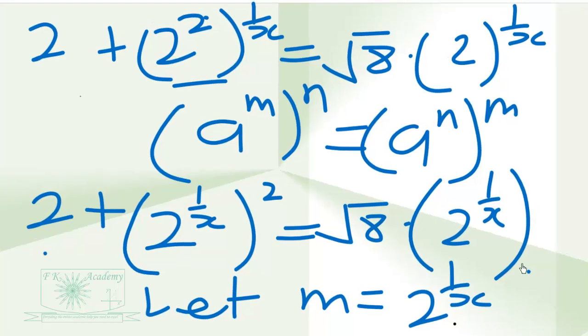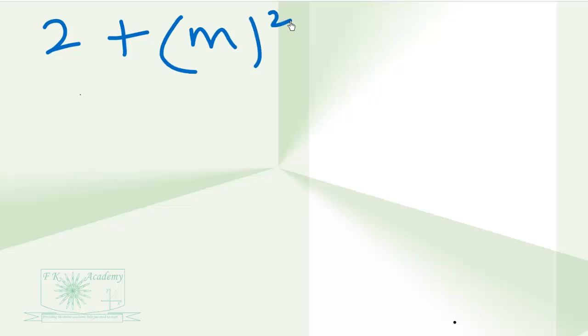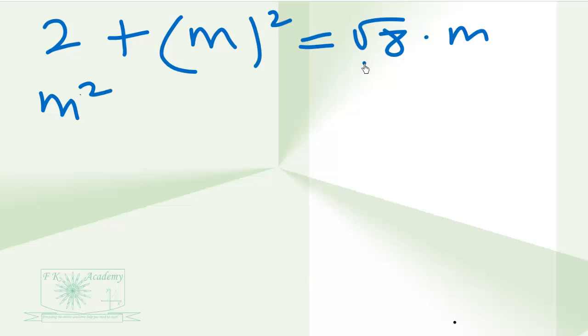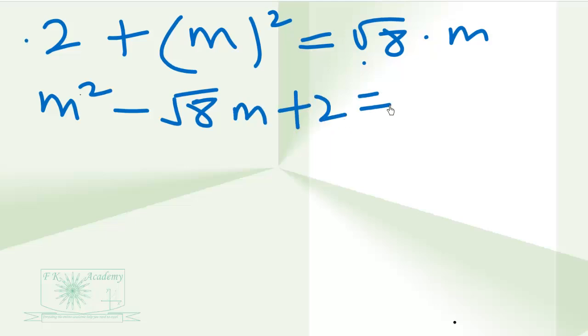So let's substitute m equal 2 exponent 1 over x. Wherever we see 2 exponent 1 over x, we fix m there. So this gives us 2 plus m squared is equal to square root of 8 times m. We can rewrite this as m squared minus square root of 8 m, plus 2 is equal to 0.